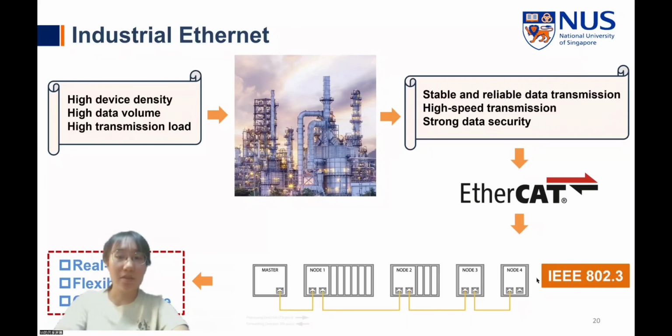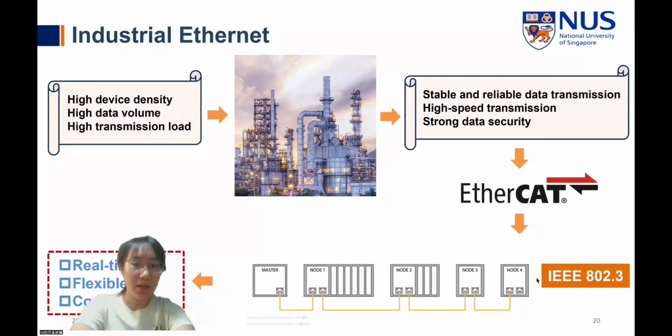So industrial Ethernet supports gigabit or even faster speeds, and with added security features like authentication and access control, it can ensure data confidentiality and integrity.